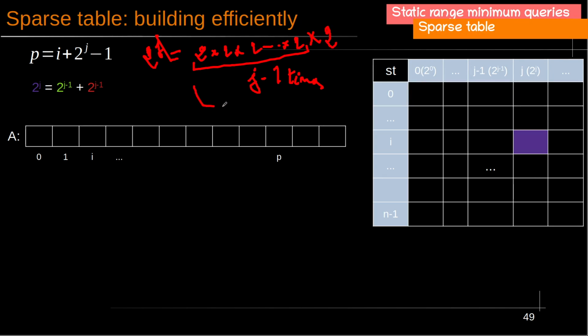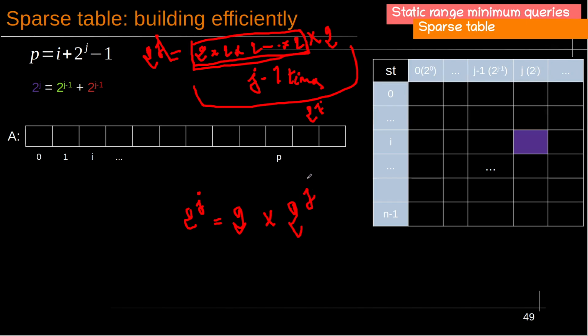This is 2 power j. This is j times, and this is j minus 1 times. So as you see here, we can write that 2 power j is equal to 2 times 2 power j minus 1, which is 2 power j minus 1 plus 2 power j minus 1. So this way.